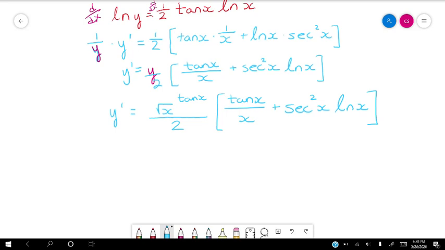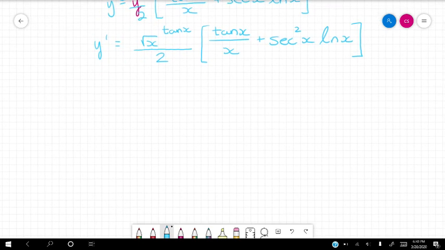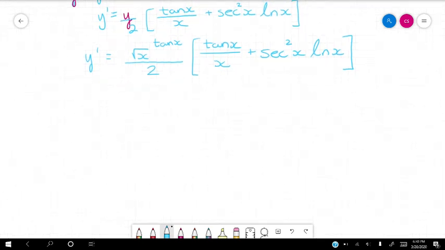Okay. So there you go. So let's go ahead and pause. And when we come back, we're going to be focused on some proofs using our logarithmic differentiation.